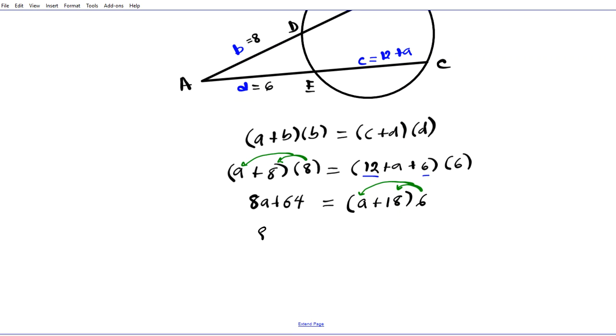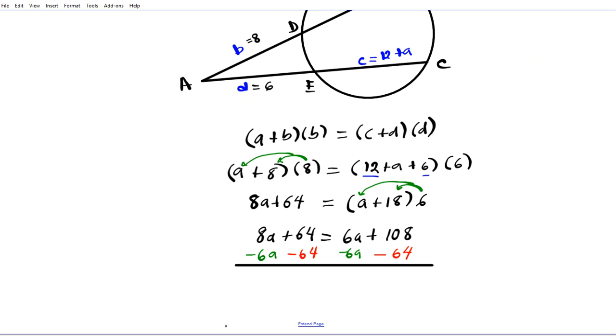have 8a plus 64 equals 6a plus, when you multiply 18 and 6, that's 60 plus 48, 108. Subtract 6a from both sides, and you can also subtract 64. While you're at it, the goal is to get the variable on one side of the equation.